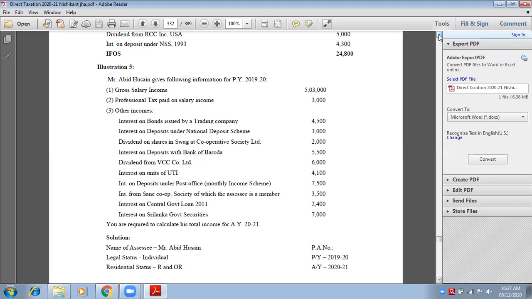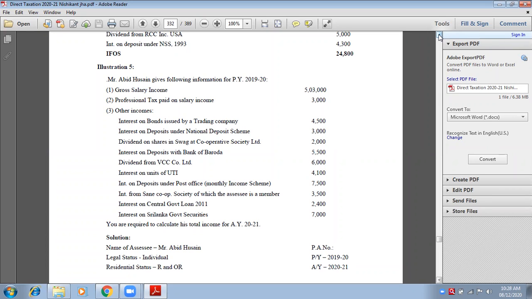We need to follow the same format, but we will not have to start with basic salary, because gross salary is already given in the question. In basic salary, bonus, commission, fees, perquisites, etc. have already been added. Therefore, we can start with gross salary directly.